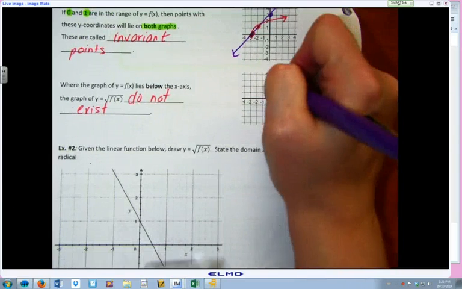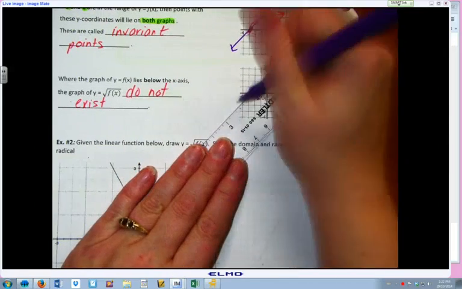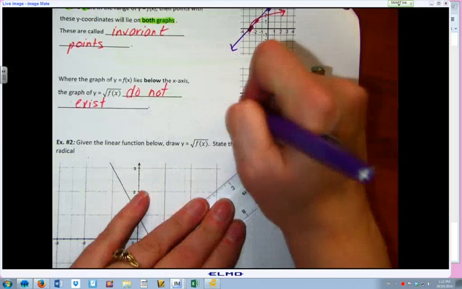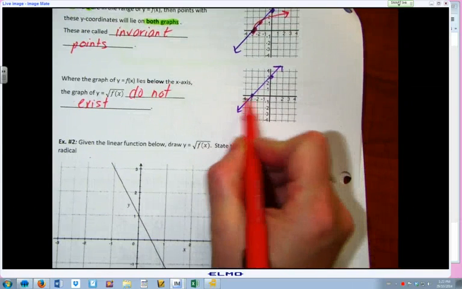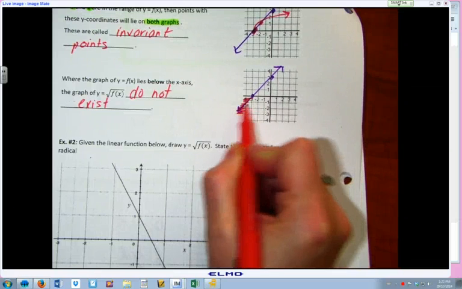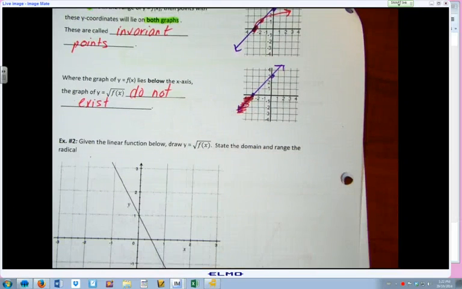So if we use the same line as above for no particular reason, apparently I really like 3s, any of these points below the x-axis are no longer going to exist once we do the square root. They're still in the original graph, but when we go to do the root, they disappear. They don't exist. Impossible.